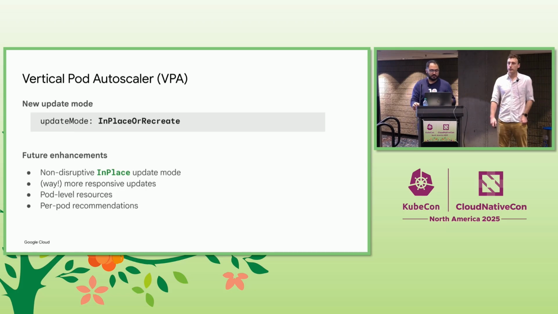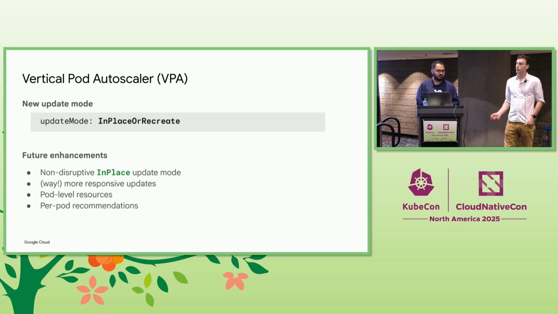So now let's talk about vertical pod autoscaler, which we touched on earlier. Before we had in-place resize, the way resize worked is it would delete a pod, this is with the recreate mode. It would delete the pod, wait for the workload controller to recreate the pod, and use a mutating admission controller to bring the pod up with the new resource values.